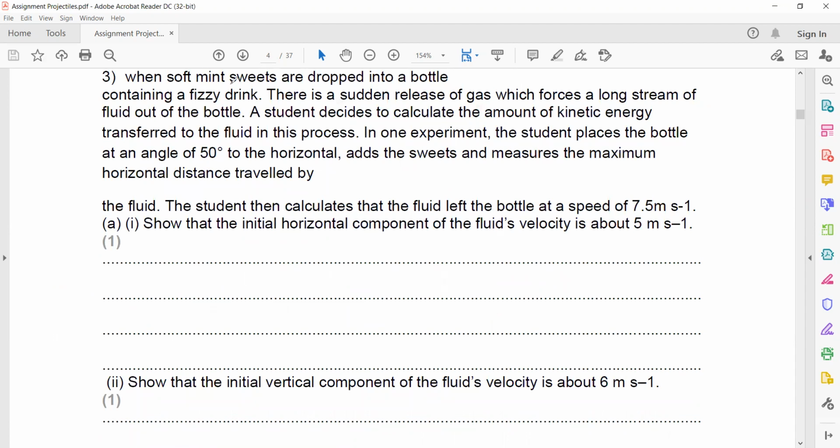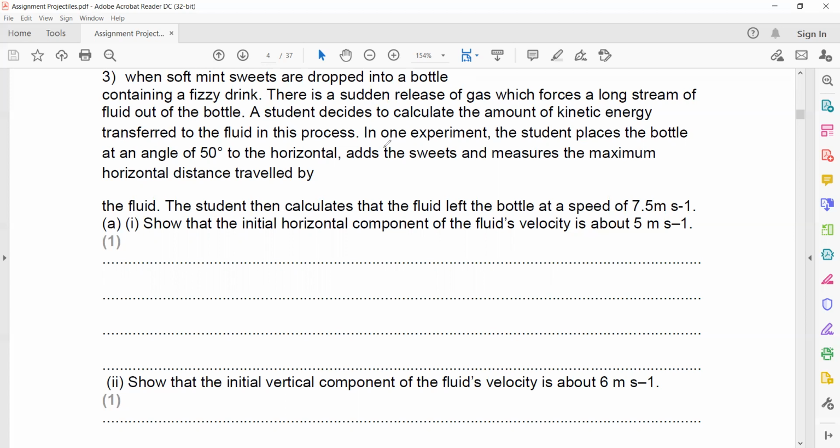When soft mint sweets are dropped into a bottle containing a fizzy drink or carbonated water, there is a sudden release of gas which forces a long stream of fluid out of the bottle. A student decided to calculate the amount of kinetic energy transferred to the fluid in this process.